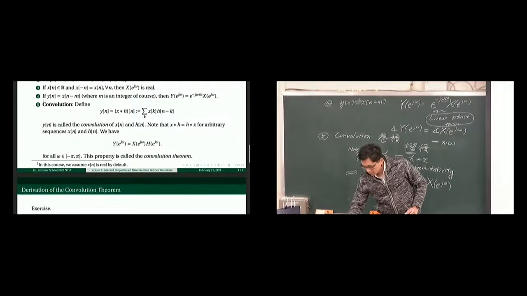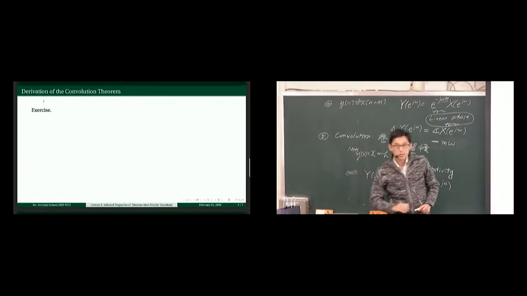So I intentionally left the next page blank, so you can write it on the page if you have your iPad. Now, what if y of n is the summation over all k of x of k times h of n minus k. That's the definition of convolution. Now we're interested in evaluating its Fourier transform. So what is y's Fourier transform?